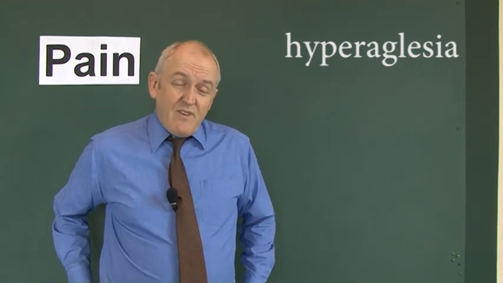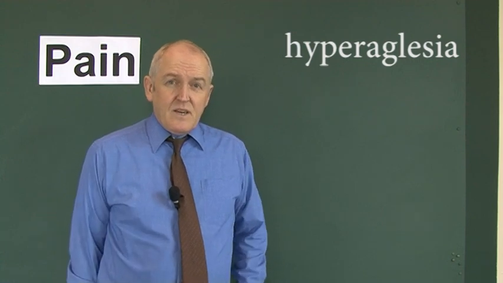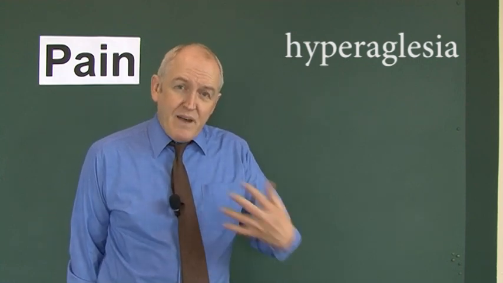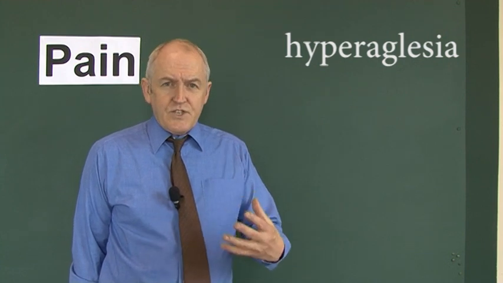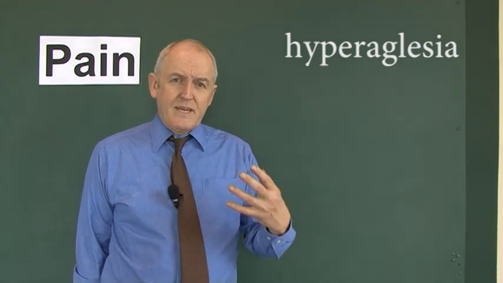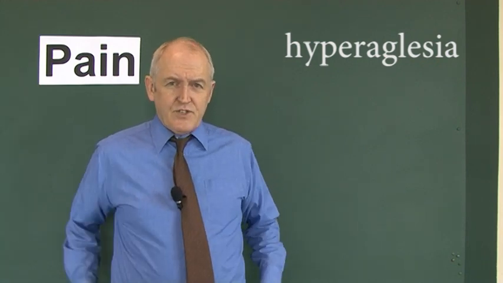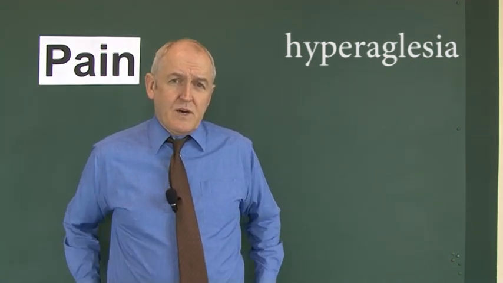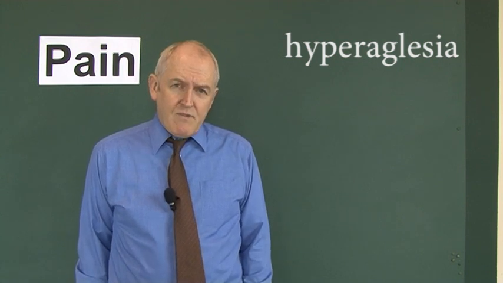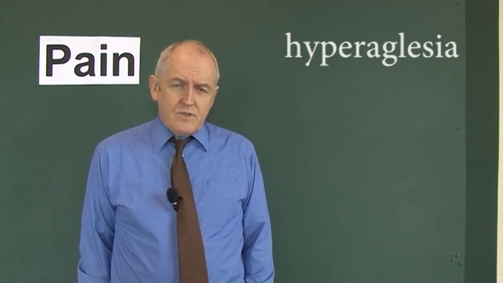So, for example, if you've ever had a urinary tract infection, the mere fact of passing urine causes dysuria, a painful burning experience, because the tissues are inflamed, and just the normal passage of urine is enough to cause quite a lot of pain because there's hyperalgesia in those tissues.